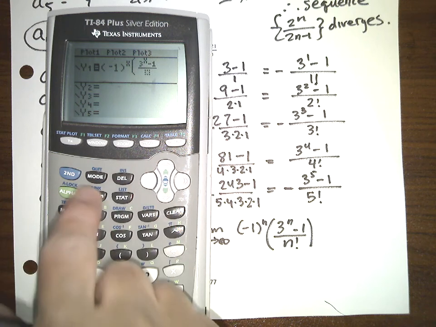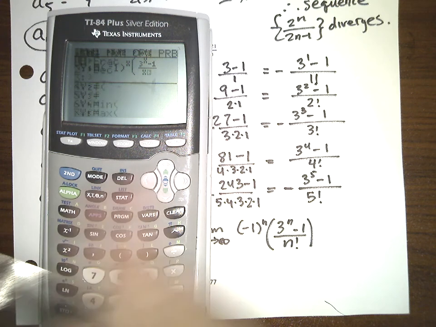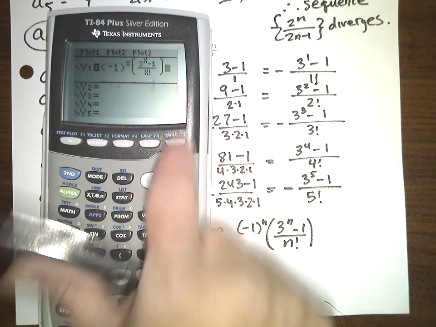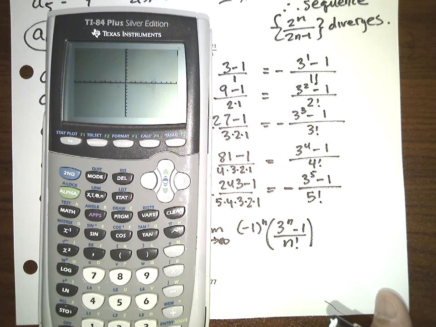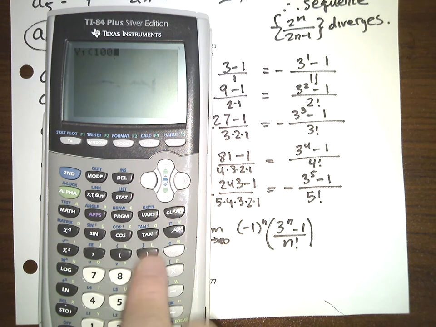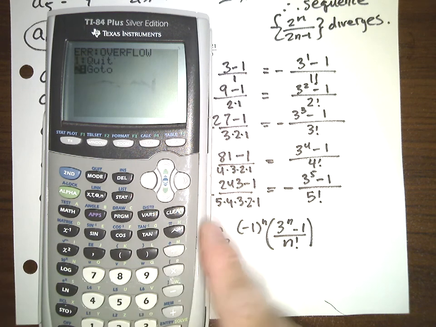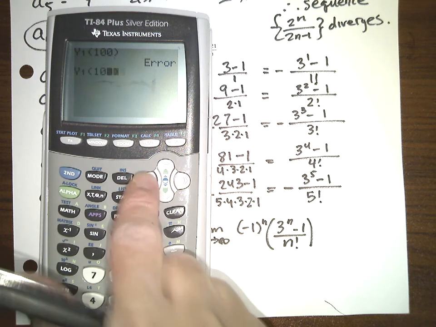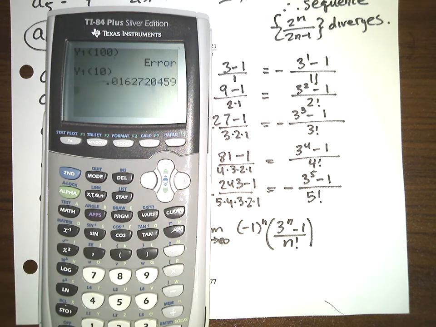And then we need x factorial in the denominator, so x factorial, and then we'll graph this. All right, so let's try to substitute some really large numbers, like 100. Even 100 is too big for this, so let's try 10. At 10 you get 0.016. So let's try 20.